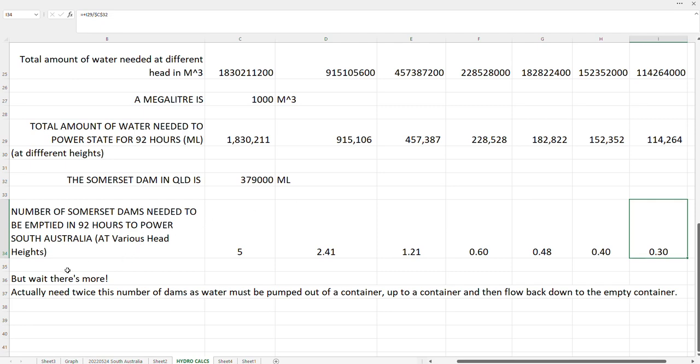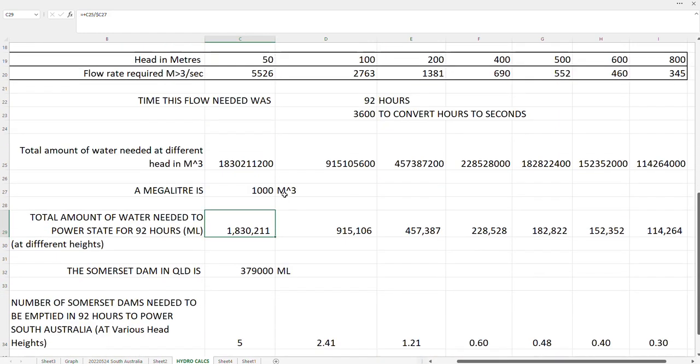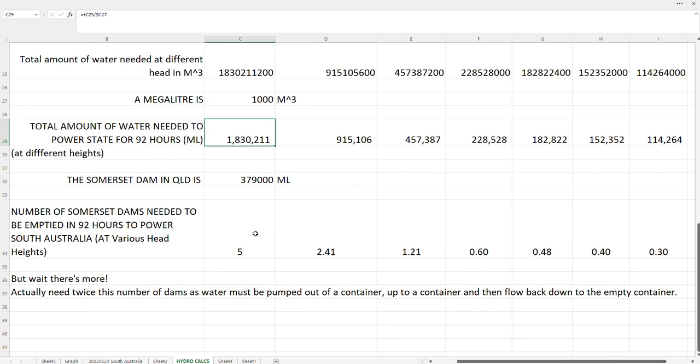But wait, there's more, because you actually need twice this number of dams, because you've got to have a source of water, and in this case it's going to be 1,830,000 megalitres, and then you've got to pump it up to a container that's that big, and then you've got to let it run back down. So all in all, to replace that amount of power with hydroelectric takes a whole lot of water and a whole lot of dams.